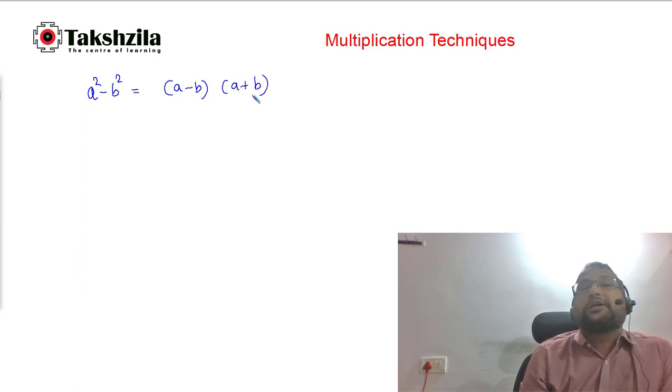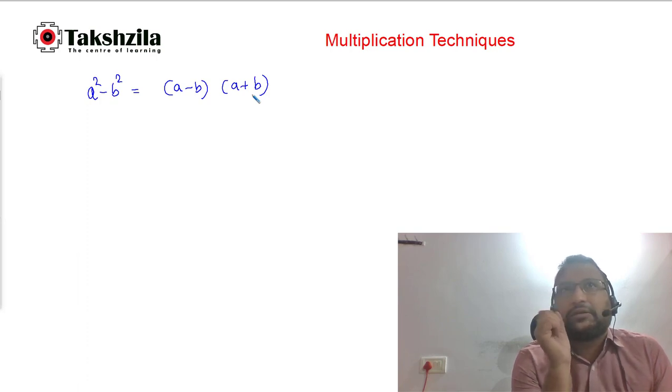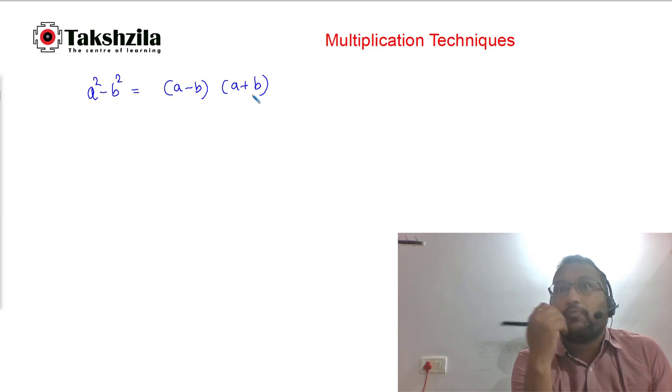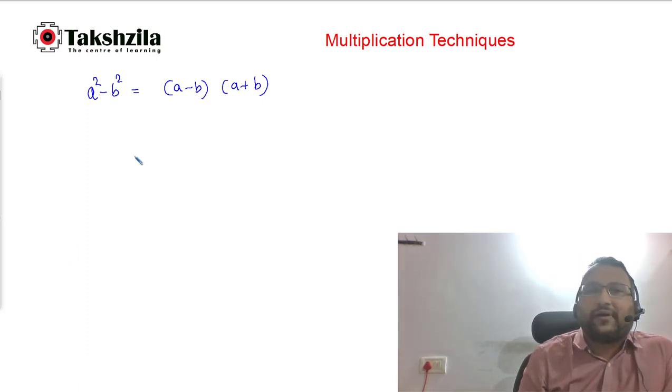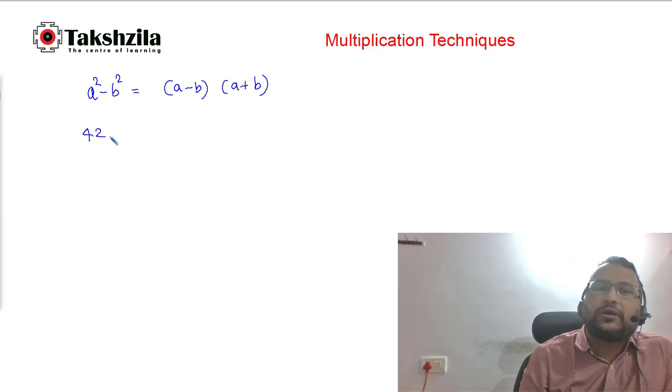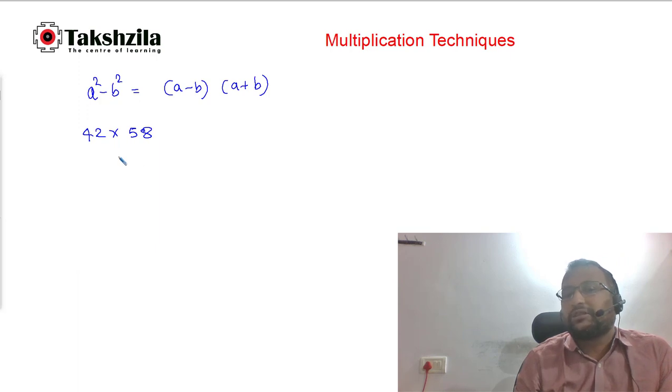Now what is the application of this formula? Whenever the difference between numbers is even, this is how to multiply those two numbers. Let's have a look at it. For example, if I want to multiply 42 into 58, the difference between these two numbers is even, which is equal to 16.